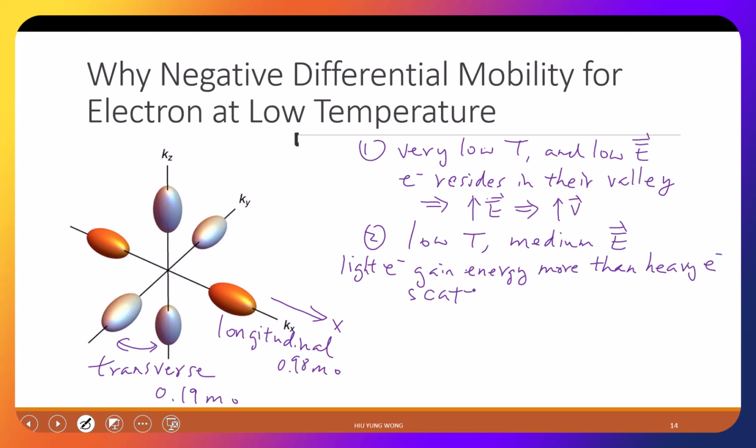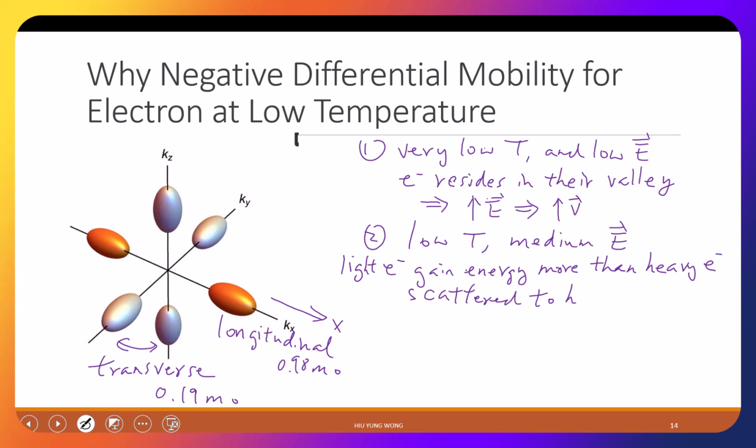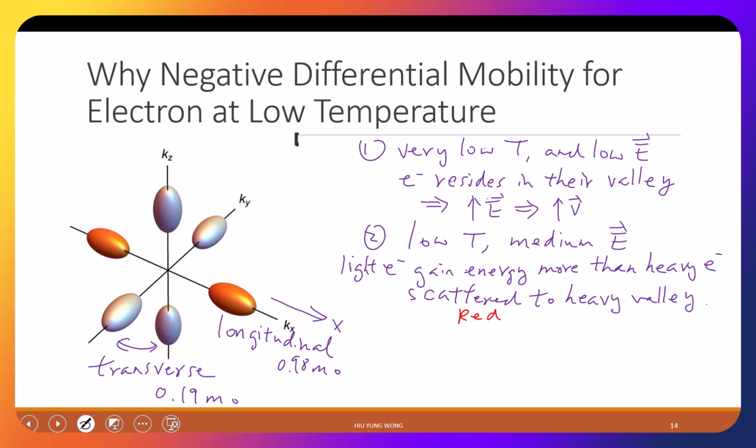And they will scatter to the longitudinal valley, or let me just call it the heavy valley. Look at the red lines. This electron is going to scatter to here. As a result, you have more heavy electrons. And that's why the mass increases and mobility reduces. That's why you get this negative differential mobility.